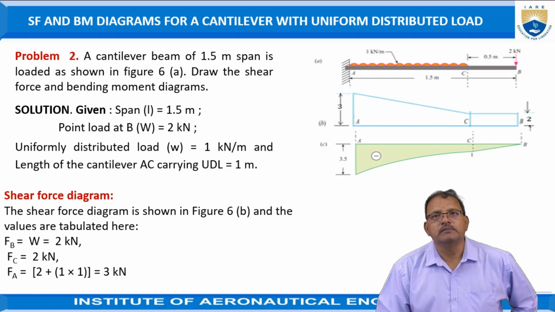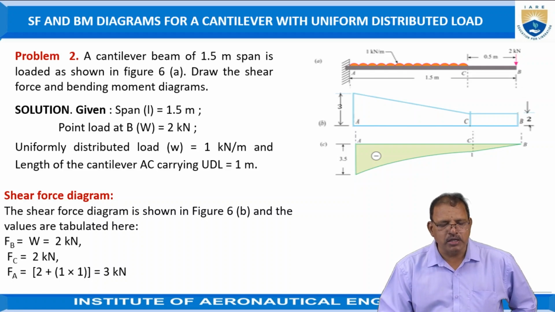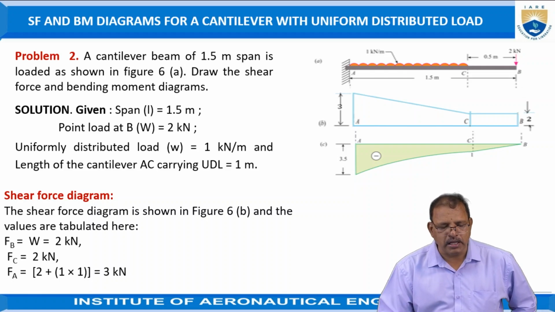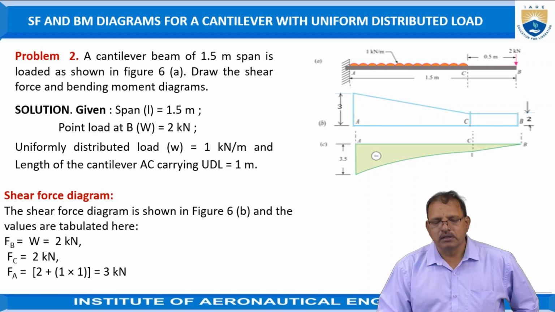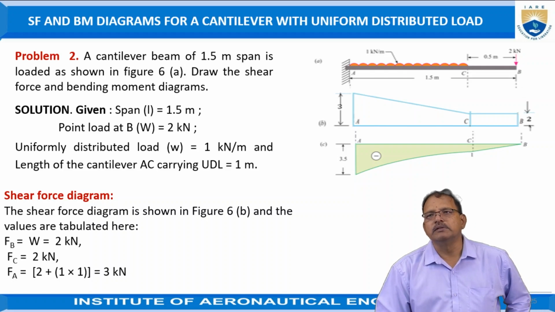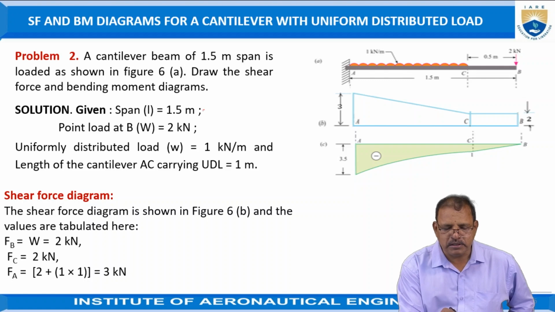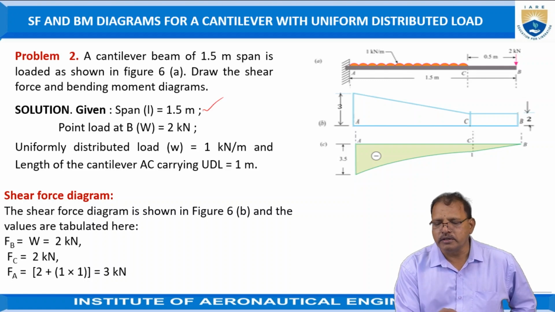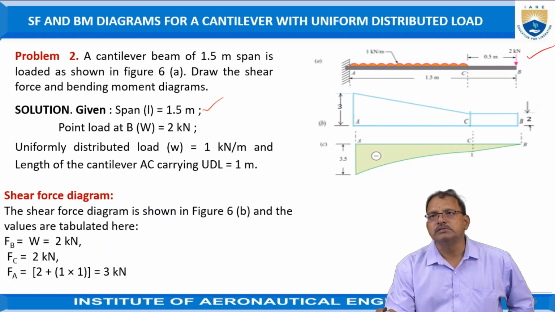One more problem. A cantilever beam of 1.5 meters span is loaded as shown in the figure. Draw the shear force and bending moment diagrams. The given length of the beam is 1.5 meters, between A and B. The point load at B is 2 kilonewtons.